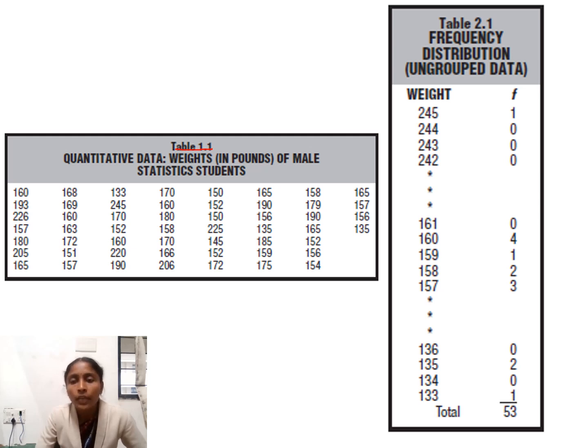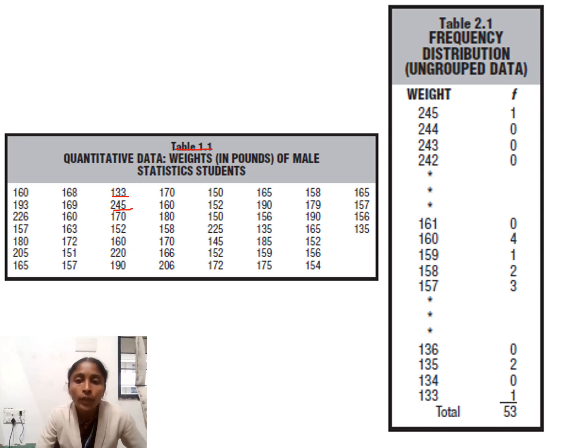This example, table 2.1, explains frequency distribution for ungrouped data. For doing this, first we have to find the highest value in the given example. Here 245 is the highest value, and we also have to find the lowest value. Here the lowest value is 133. So we start from the highest value, 245.